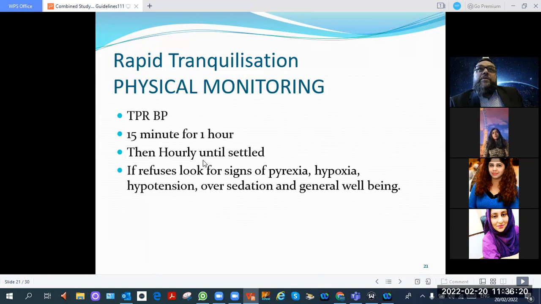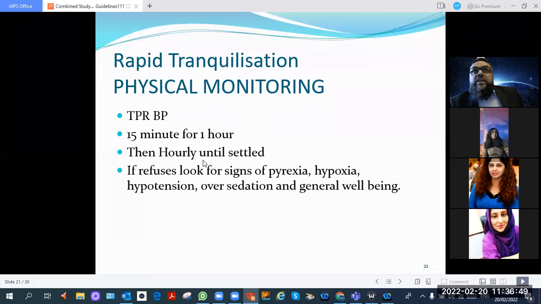Every hour a group of nurses go into the seclusion room, or wherever the patient is isolated, they go to the patient together, measure, and come out. And then every 4 hours the medical officer on call goes and checks, whether the senior house officer or medical officer.